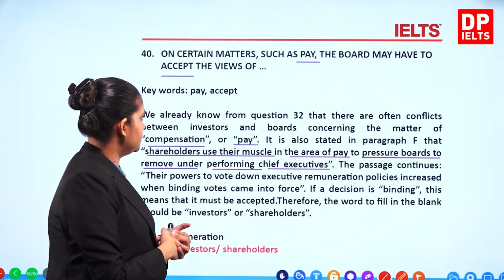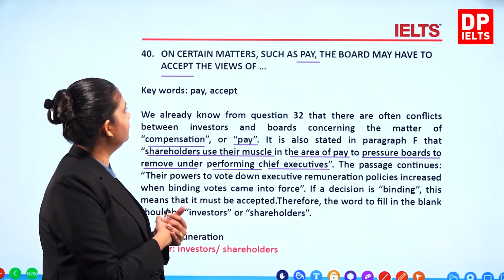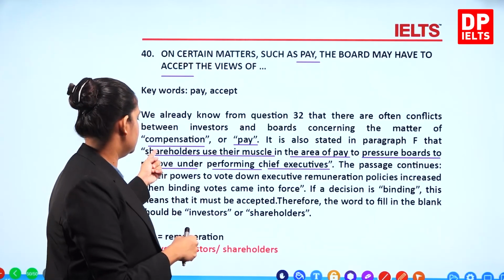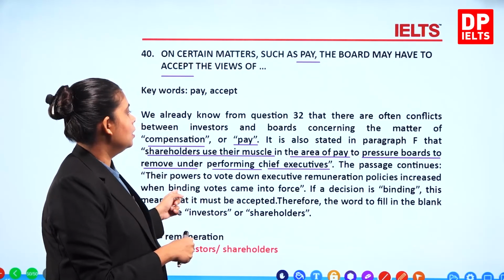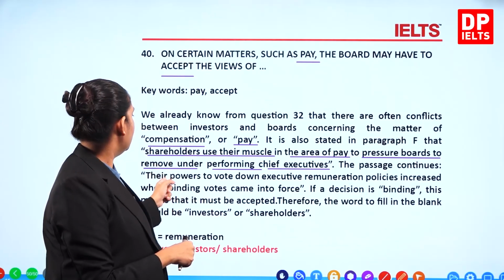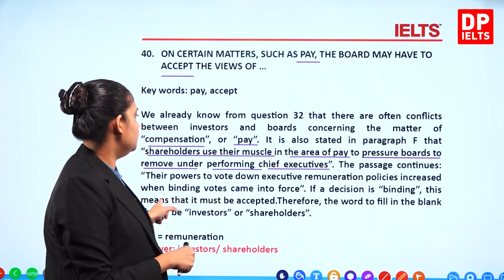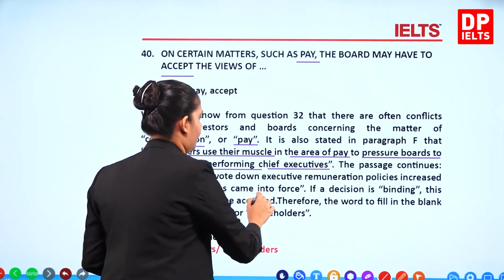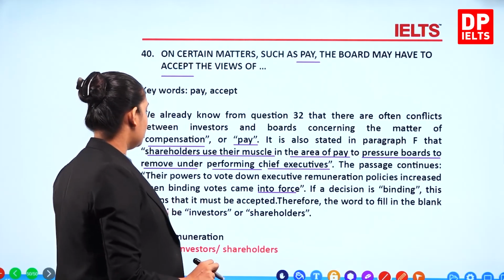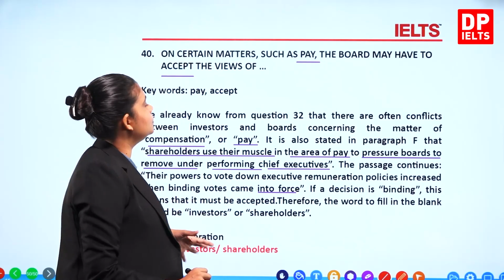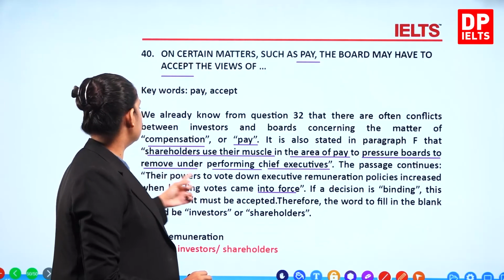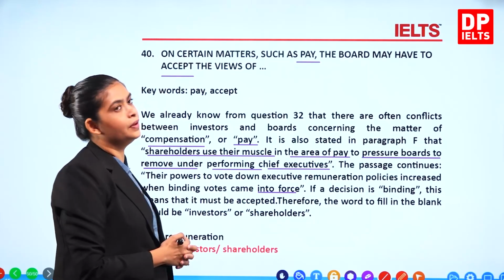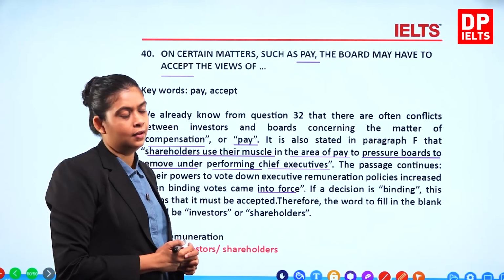Or chief executives. So who gives this pressure, right? The shareholders, right? The passage also continues, their powers to vote down executive remuneration policies increased when binding votes came into force, right? So definitely, whose views are being accepted? The shareholders' views are being accepted, okay? So the most appropriate answer would be shareholders.